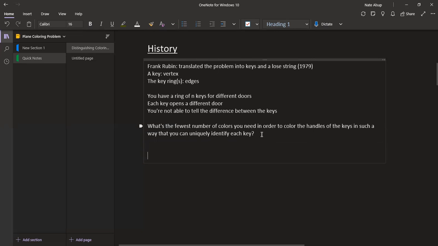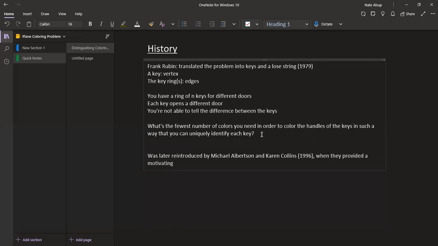It was later reintroduced by Michael Albertson and Karen Collins, in 1996, when they provided a motivating example for Frank's problem.